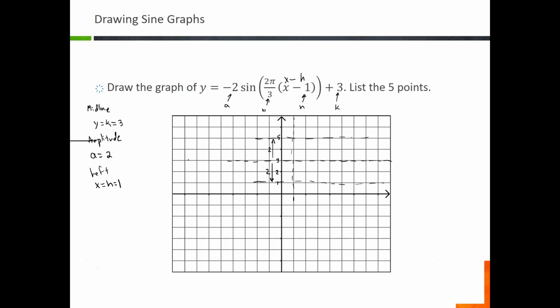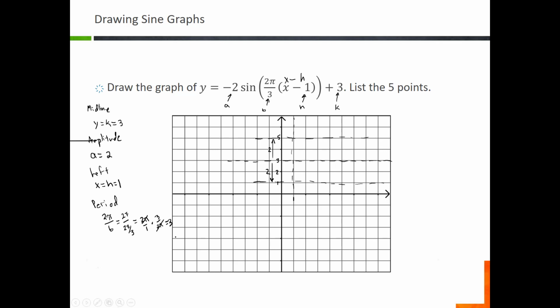Okay. All right. And then we have to figure out how long the graph is, and that's where we're going to look at the period. So the period is 2 pi over b, which is 2 pi over 2 pi over 3. To simplify this, dividing a fraction is multiplying by its reciprocal. So 2 pi over 1 times 3 over 2 pi, the 2 pi's cancel, and you're just left with 3.